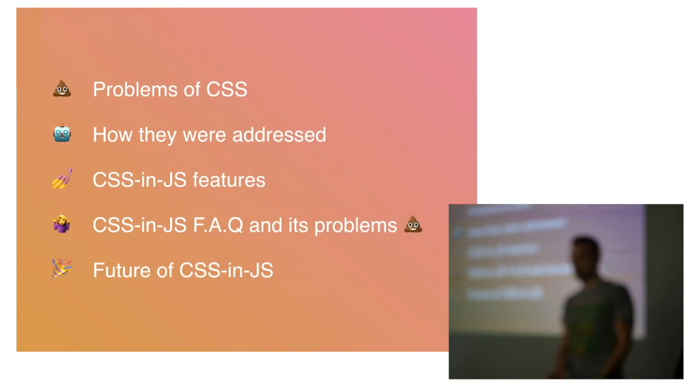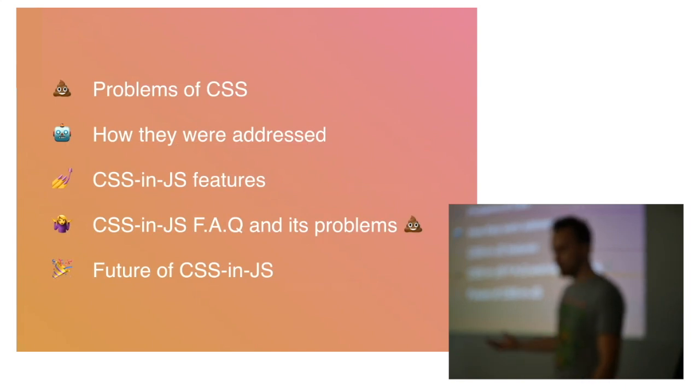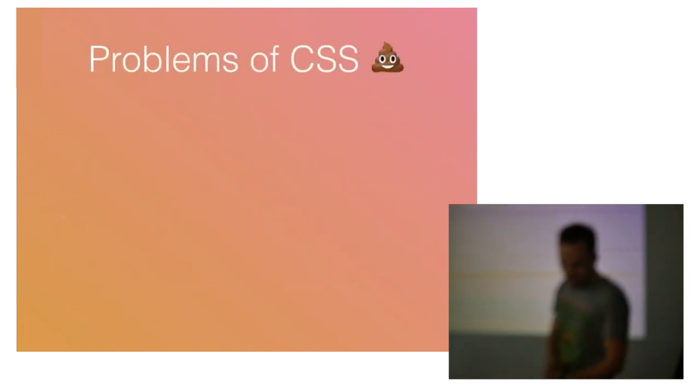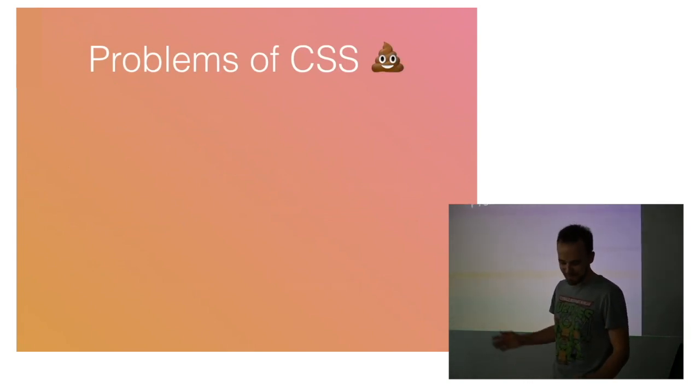And then CSS-in-JS solutions, like its features, maybe its problems, the frequently asked questions, and at the end of the day, the future of CSS-in-JS, how bright it is, whether it's cool or not, whatever. So, problems of CSS. There are going to be a lot of emojis, so excuse me for that if you don't like them.